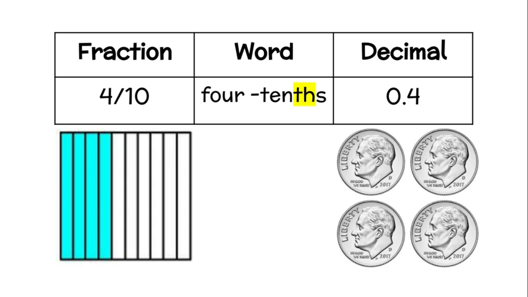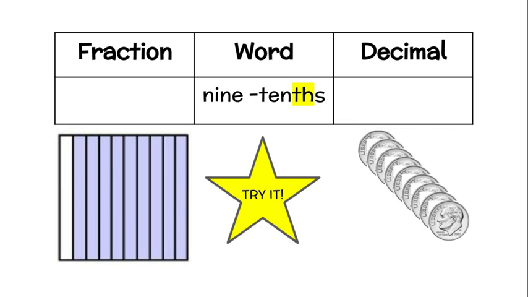Next, we have 4/10. You can see it in the fraction. 4 of the bars are blue out of the 10 bars, so 4/10. And then the word 4/10, again with the th. And then in decimal, we put 0.4, the same as 4 dimes. Now I want you to try it.